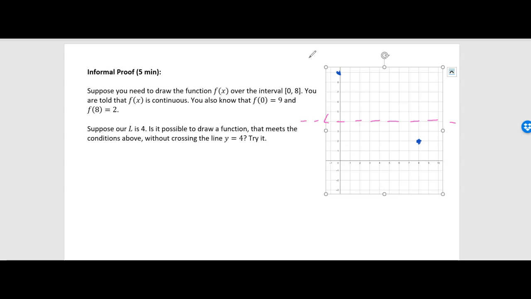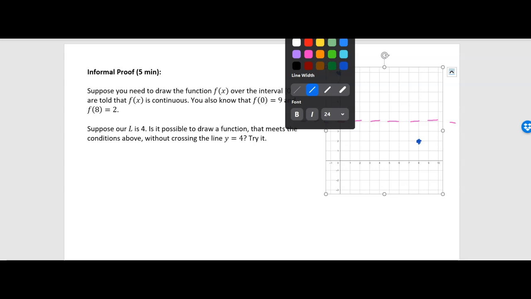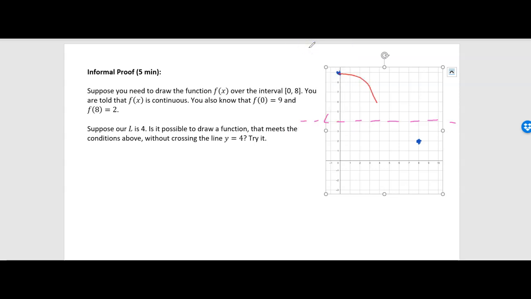That's the line we are guaranteeing the function to cross. And is it possible to draw a function that meets the conditions above without crossing the line y equals 4? And again, I asked you this question in the beginning. There is no way to do that unless you do some sort of jump discontinuity, right? But then the function's not continuous, so that isn't allowed.